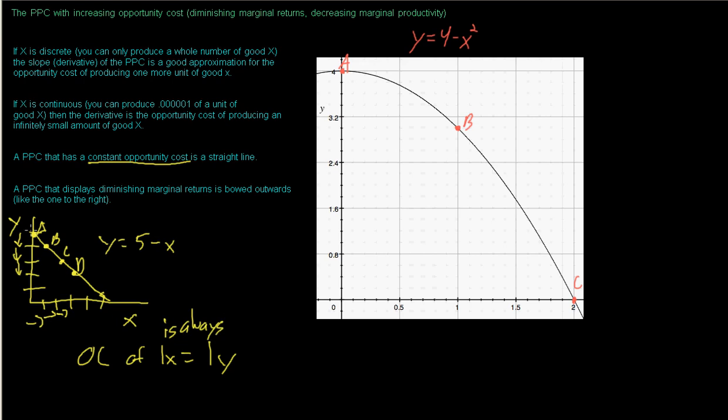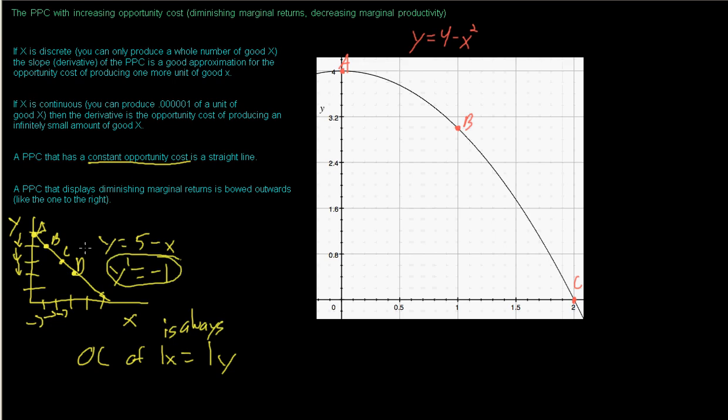Another way to see this is that the slope of this line is constant. The derivative, for those of you that are into calculus, is just -1. So every time you want to increase x by 1, you have to decrease y by 1. And that's exactly what the derivative here says.